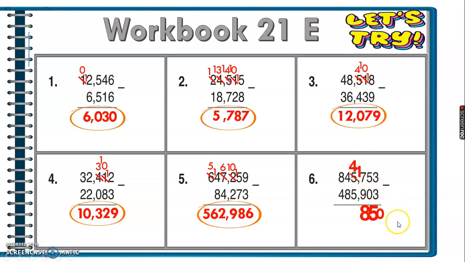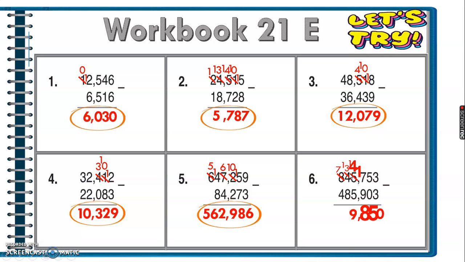So 17 minus 9 is equal to 8, and 4 minus 5 cannot be, so we can borrow from 4, and 4 will be 3, and 4 will become 14, and 14 minus 5 is equal to 9. 3 minus 8 cannot be. So we can borrow from 8, and 8 will be 7, and 3 will become 13.